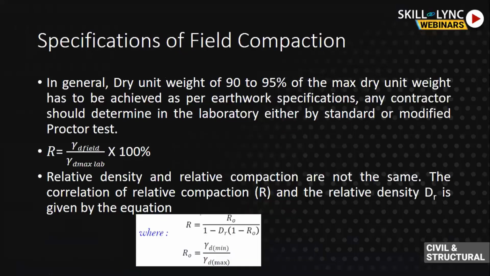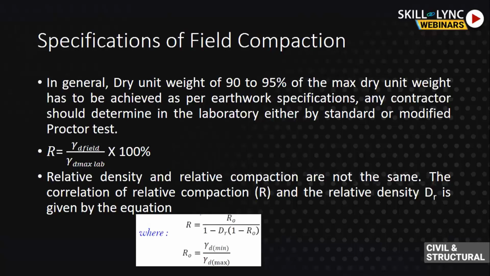Coming to the specifications of field compaction, in general, we have to achieve a dry unit weight somewhere between 90 to 95% of the maximum dry unit weight, for all earthwork specifications, by any contractor or person constructing it.